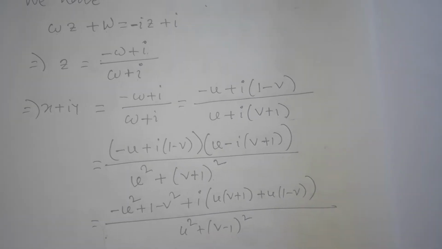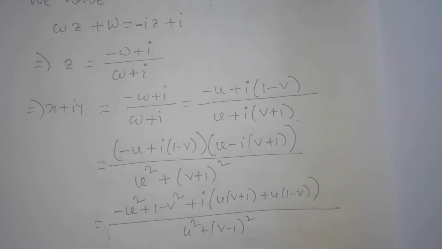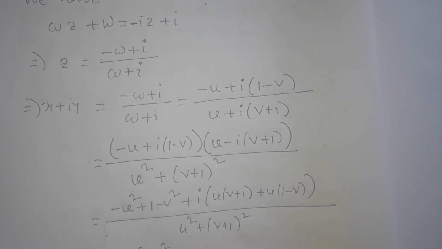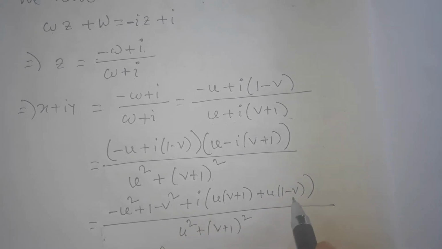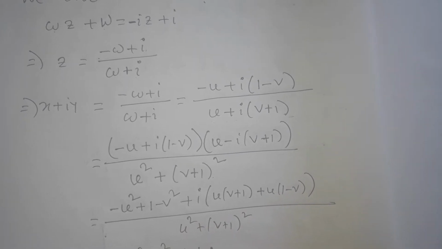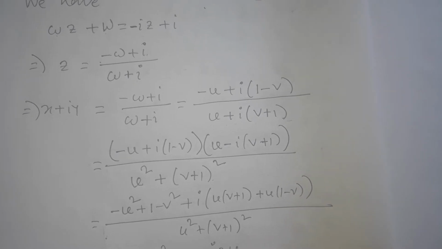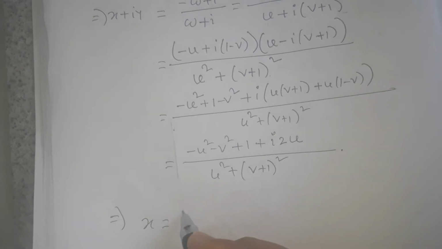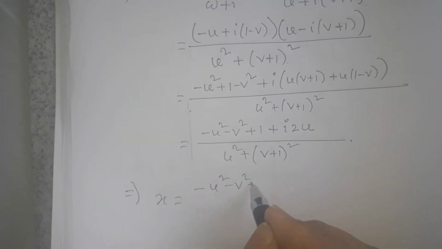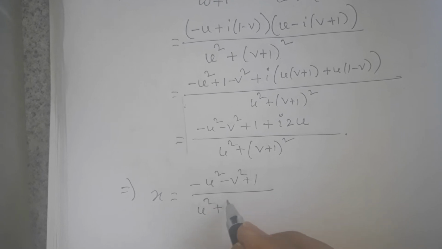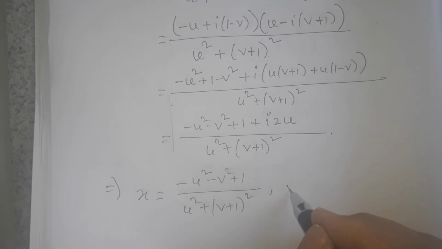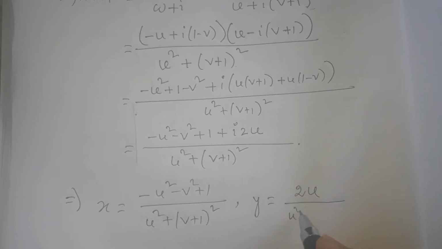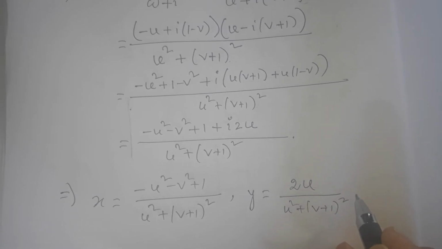So this is equal to u square plus (v plus 1) whole square in the denominator, and the numerator is minus u square minus v square plus 1, and here uv and uv cancel out, u twice, so it is i times twice u. So we have got x equal to the real part, minus u square minus v square plus 1 over u square plus (v plus 1) whole square, and y is twice u over u square plus (v plus 1) whole square.